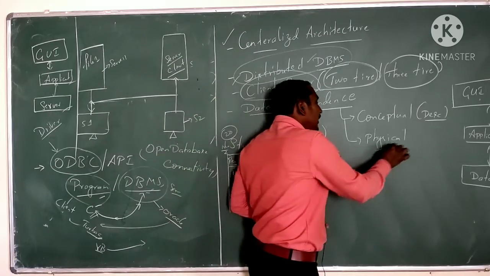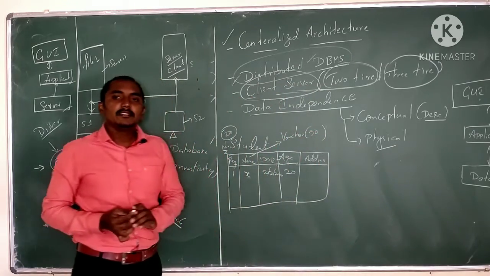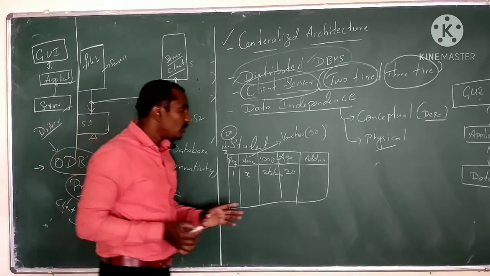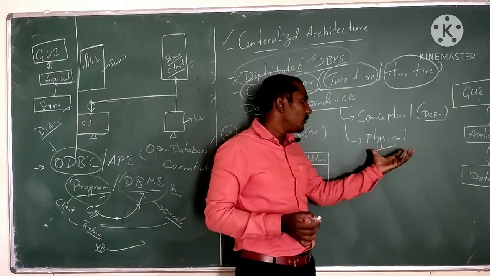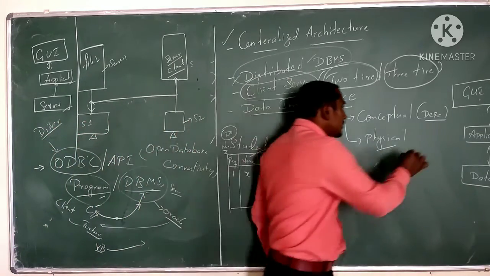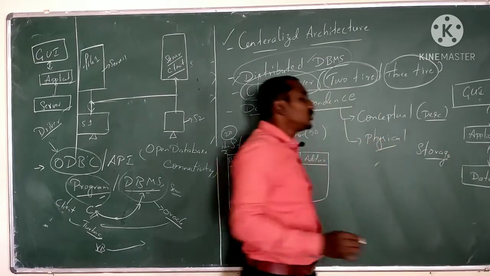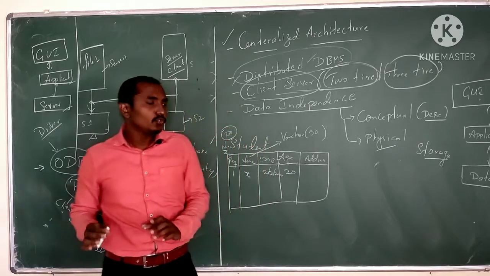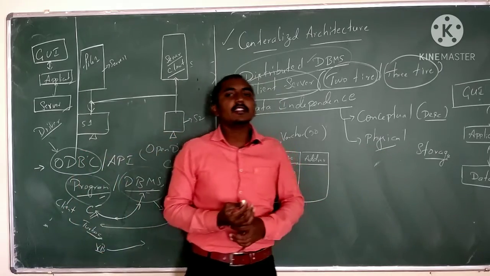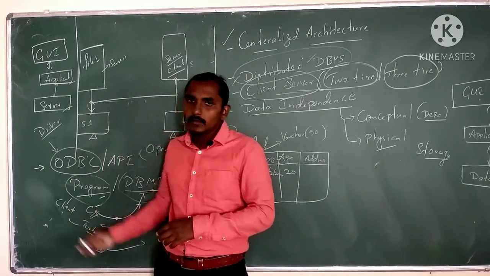Now coming to physical data independence. Physical data independence deals with where the data is stored, the location where the data is stored. That information will be provided by the physical level.